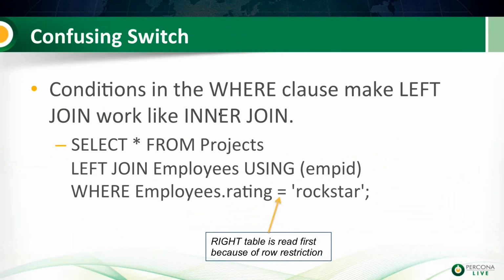If you remove that condition in the where clause, it resorts to what I described before, where it defeats the table reordering optimization and goes back to functioning like an outer join. So be aware of this. Use the right type of join that corresponds to what you need for the logic of your query, and practice. Make sure you have in your mind what the effects of those different types of joins are.